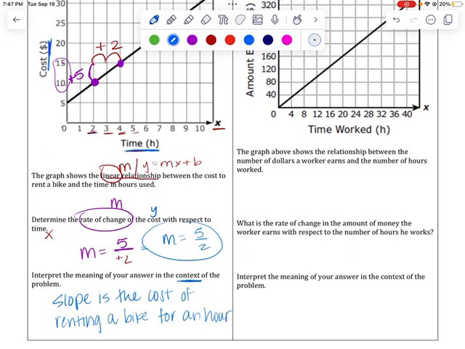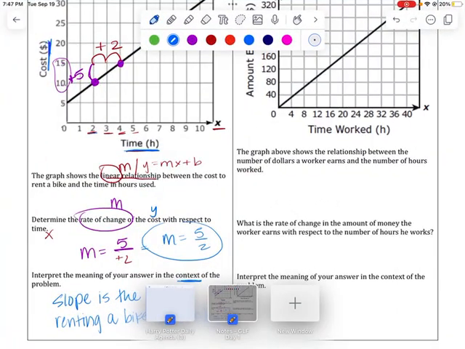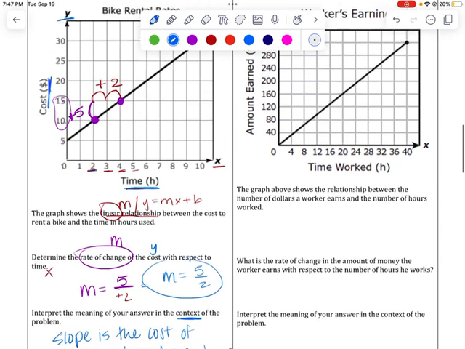And here I'm saying this is going to be 5 over 2, if I do decimals with these, because we like using decimals with money. 5 over 2, 2.5. Yes. So the slope is the cost of renting a bike for an hour, which really is $2.50 per hour. Per hour. So it's going to cost me $2.50 per hour to rent this bike.